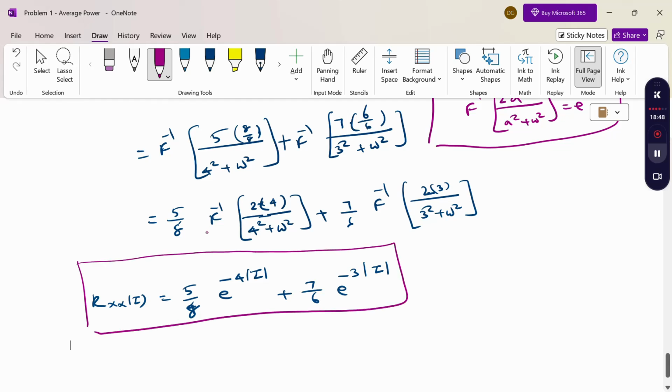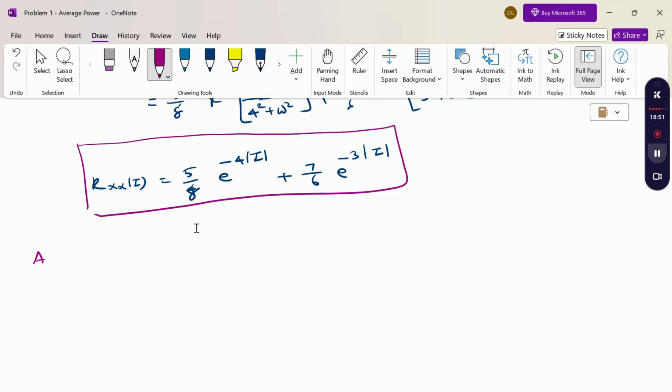But the next question: also find the average power. The average power is nothing but Pxx, the autocorrelation function at 0.